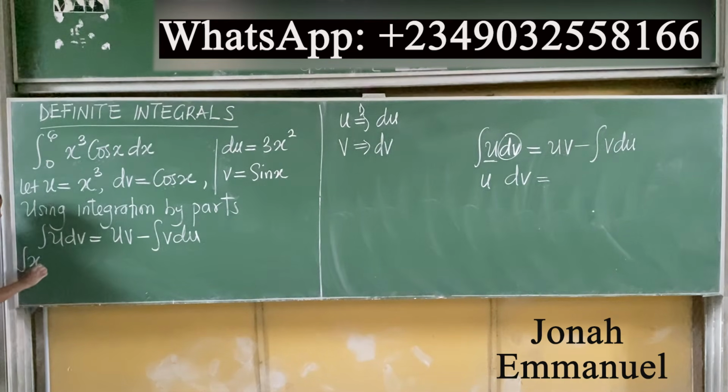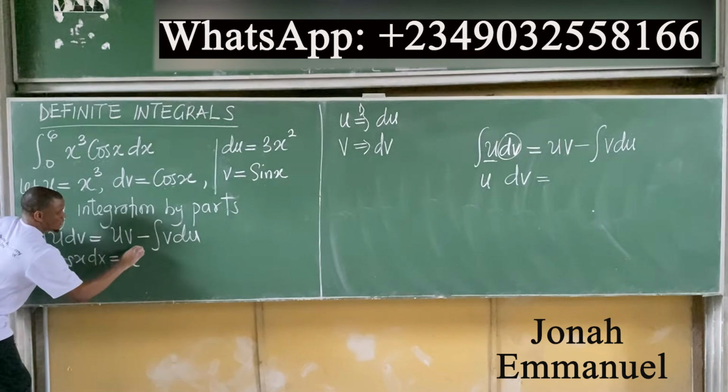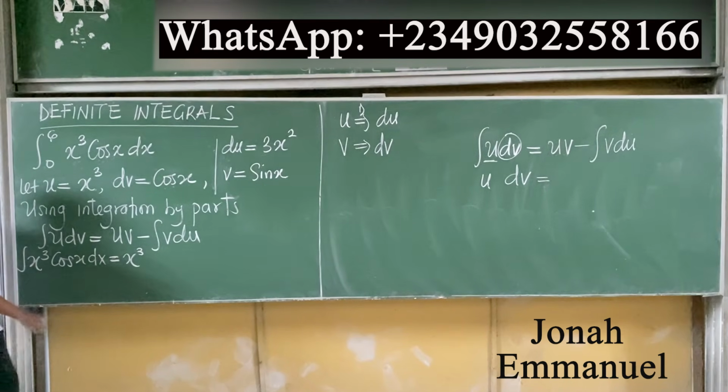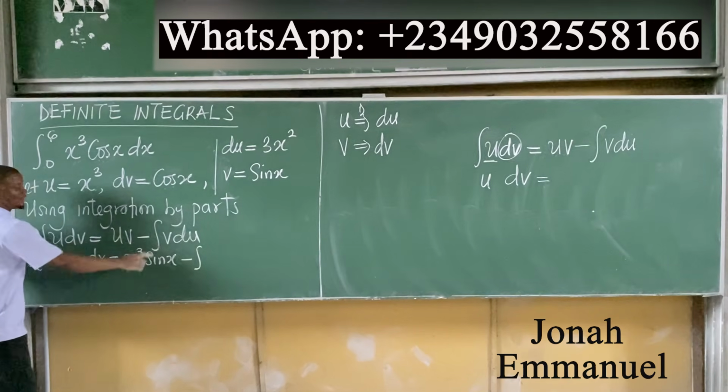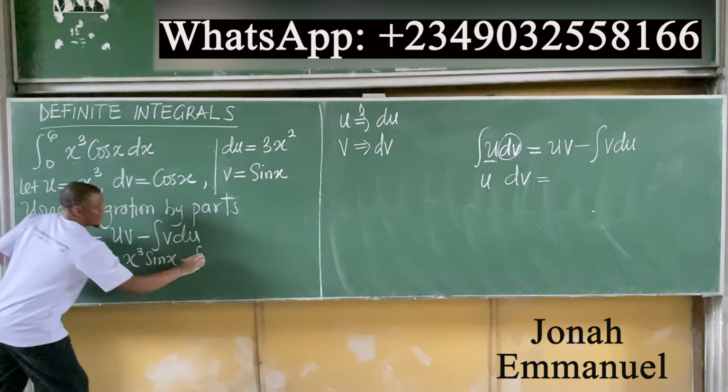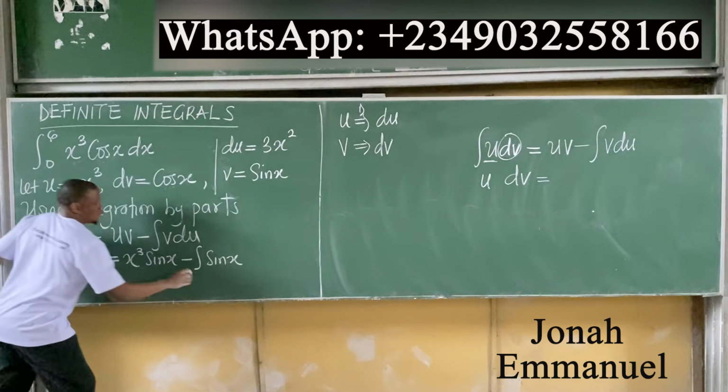This is x cubed cos x dx. It's equal to, what's u? X cubed. What's v? Sine x, minus integral of what's v? Sine x. What's the u?